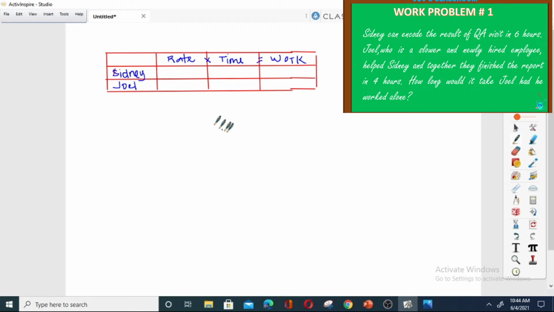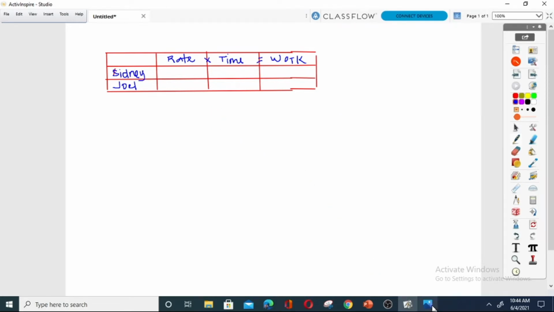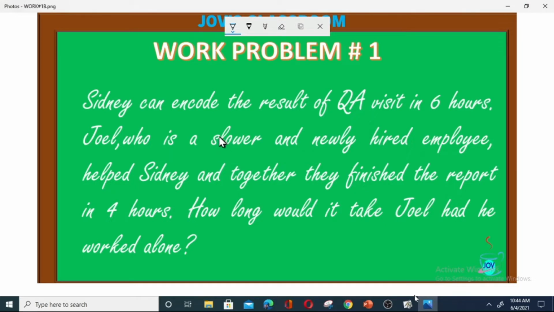All right, so based on the problem, Sydney can encode the result in 6 hours. To get the rate of a person who works in 6 hours, just get the reciprocal. So for Sydney, the reciprocal of 6 is 1/6. That is his rate.